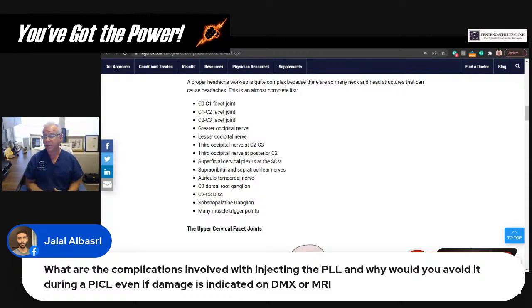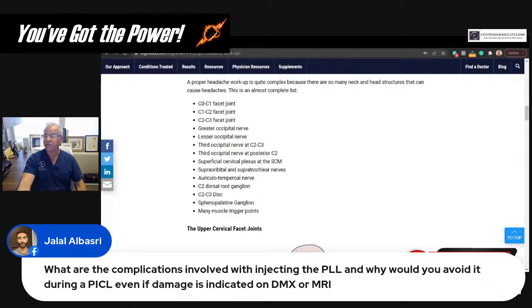So Jalal is talking about the PICL procedure, which injects the ligaments that hold the head on from the front. It just adds substantial risk to both of those procedures. On the PICL side, we have to get very, very close to the covering of the brain and spinal cord, called the dura, in order to do that.